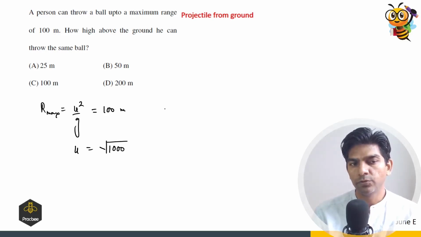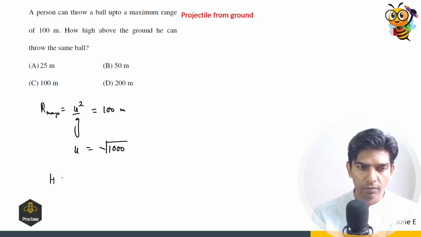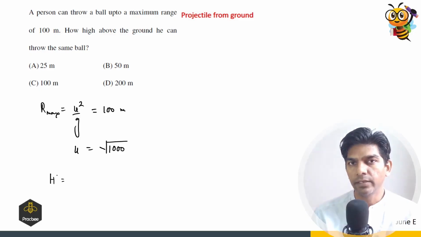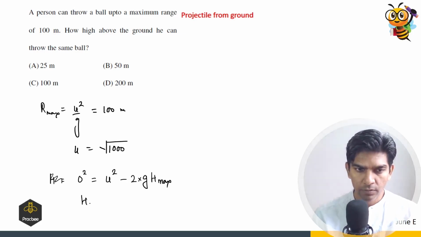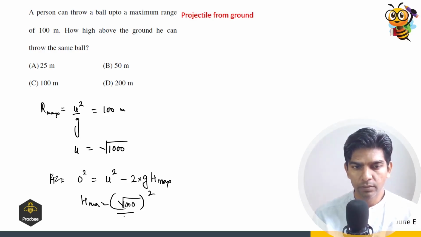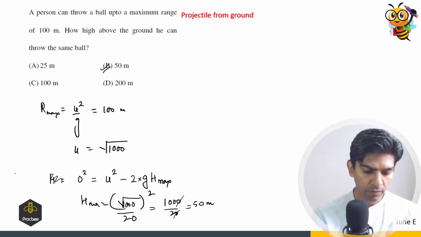With this speed, if you are throwing the ball in the upward direction, the maximum height will be, if you apply the third equation of motion, final velocity will be 0, initial velocity is u, and minus 2a, which is g times maximum height. So h max will be root 1000 squared by 2g, that is 20. So 1000 by 20 gives us 50 meters. So option B is the right answer.